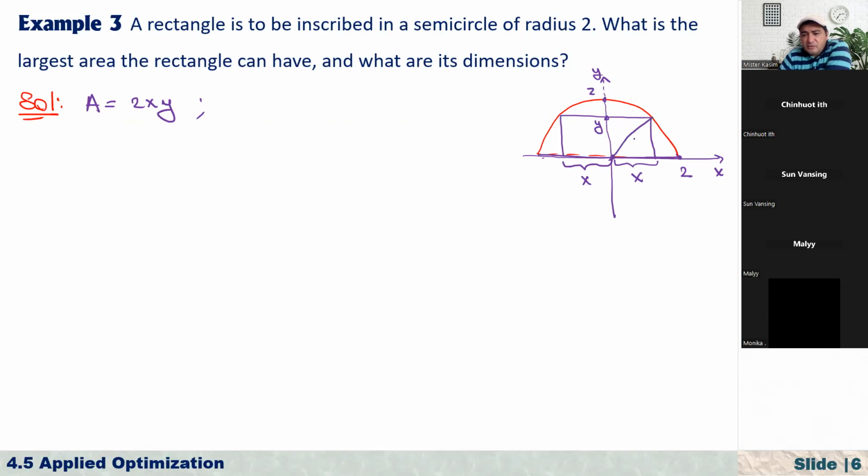Now if I just connect these 2 points, it's also a radius, it will be 2, right? So here we have this equation that connects x and y: x squared plus y squared equals 2 squared. From here, I can find y in terms of x, that's equal to the square root of 4 minus x squared.